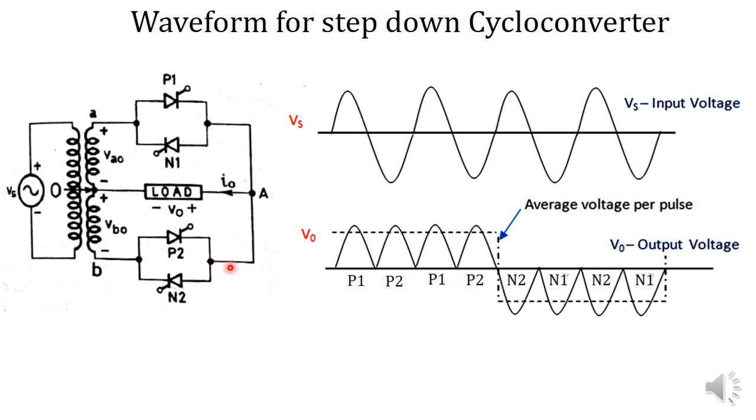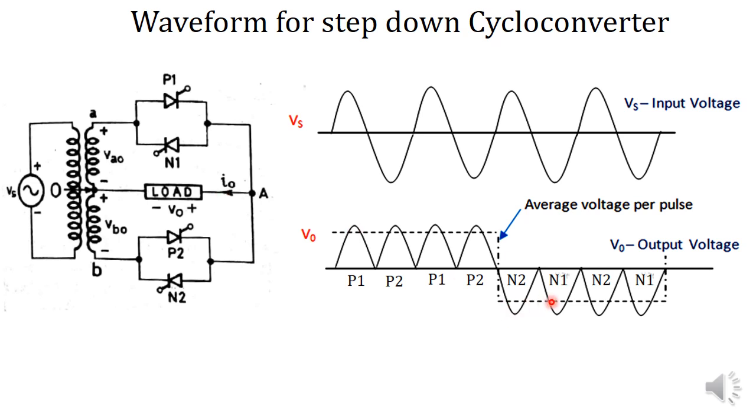When N2 is turned on during the positive half cycle of the input voltage, the current will flow in the negative direction through N2 like this. So current is negative and also voltage is negative, output voltage is negative.